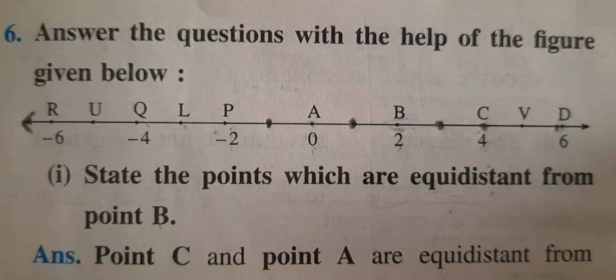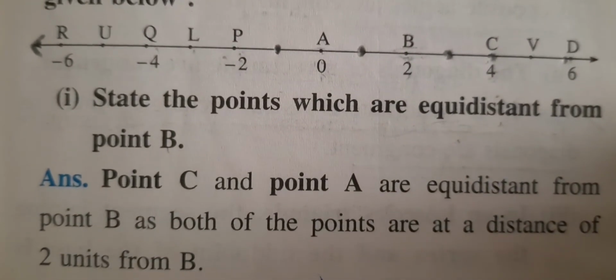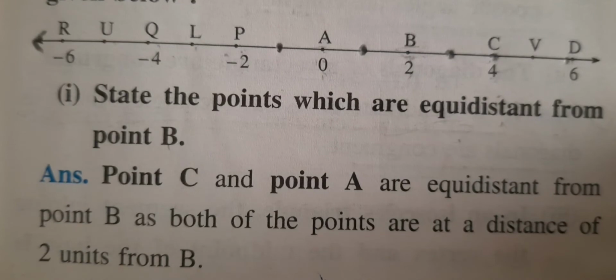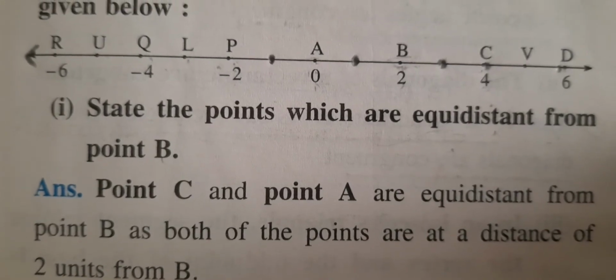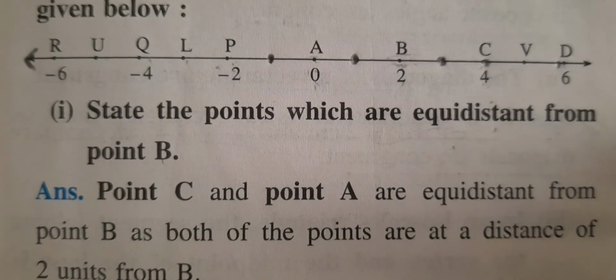So we can say points C and A are equidistant from point B, as both are at a distance of 2 units from point B. If you look carefully at that figure, there can be one more pair of points at equal distance from B.